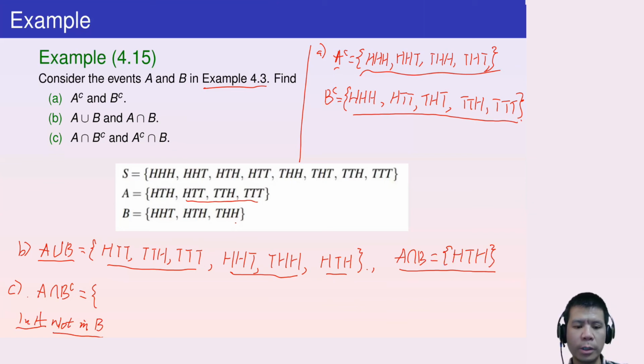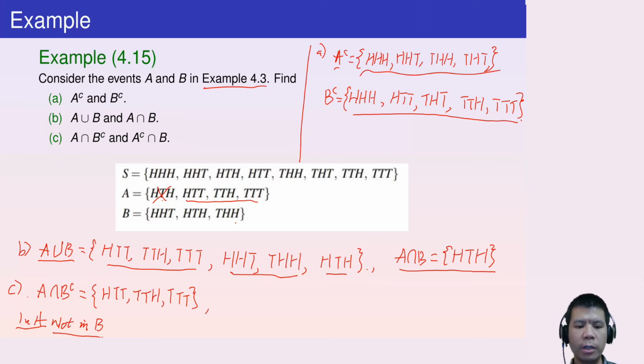Because this one must be deleted because this one is also in B. So therefore we have H, T, T, T, T, H, and T, T, T. So this is A intersect B complement, in A, not in B.